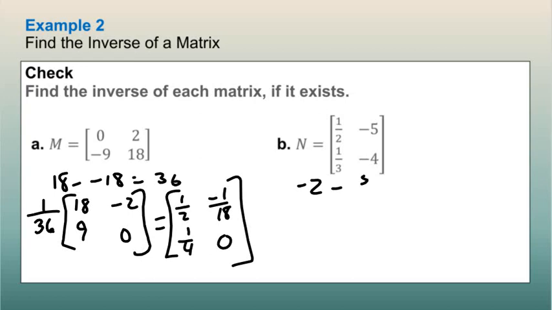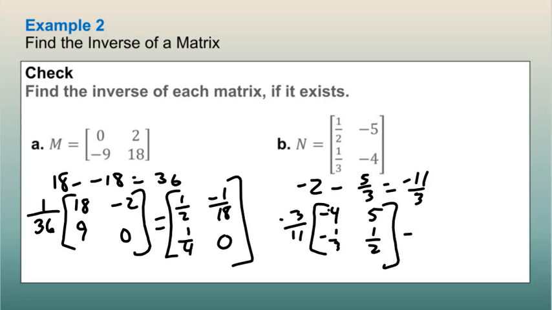And this one, half of negative 4 is negative 2 minus negative 5/3. This will give us negative 2 minus 5/3, negative 11/3. If I do the reciprocal of that, that's a negative 3/11. And then this would be a negative 4, 5, negative 1/3, and 1/2. So my answer, negative 3/11 times negative 4 gives us 12/11.